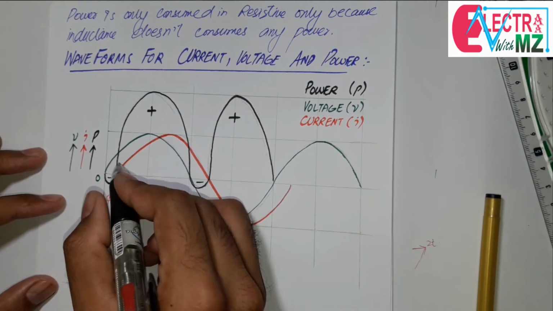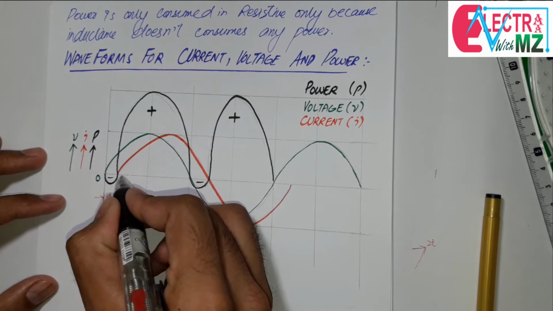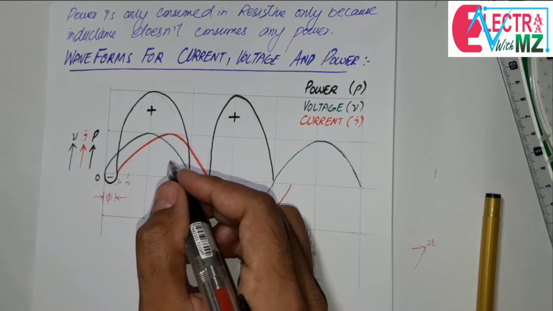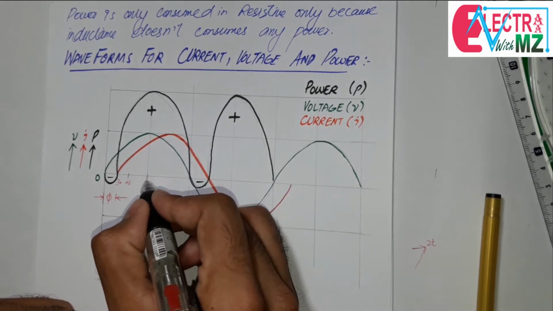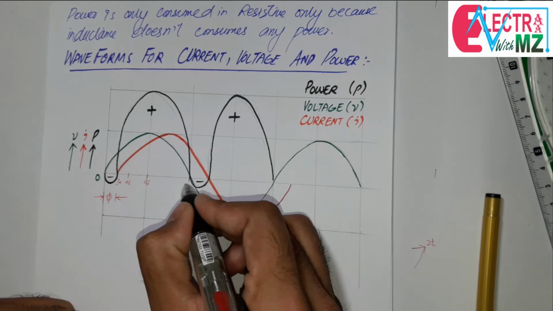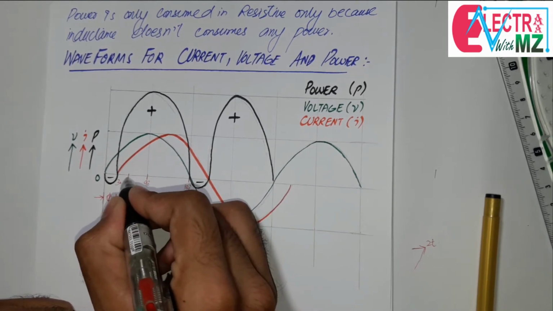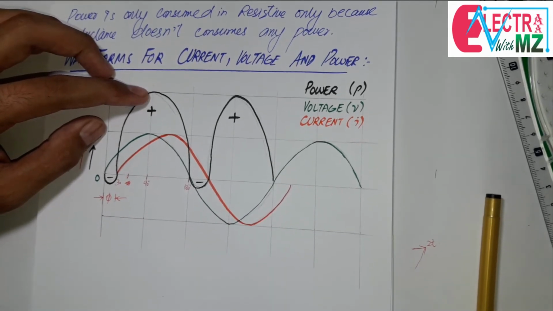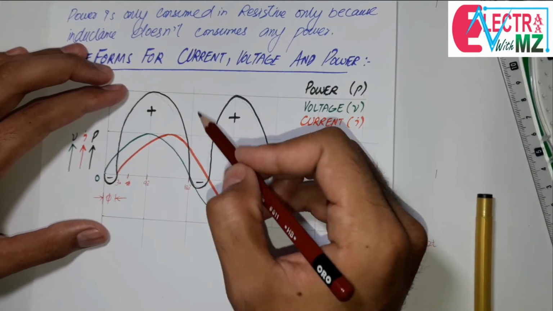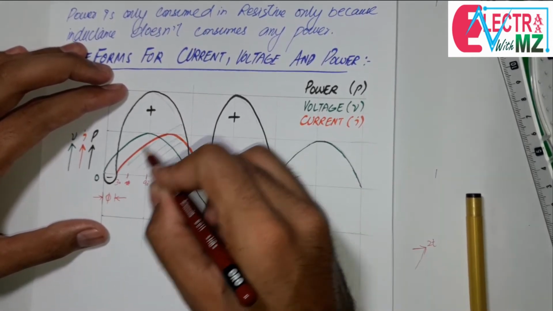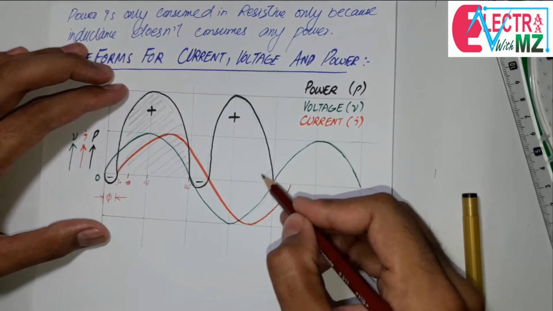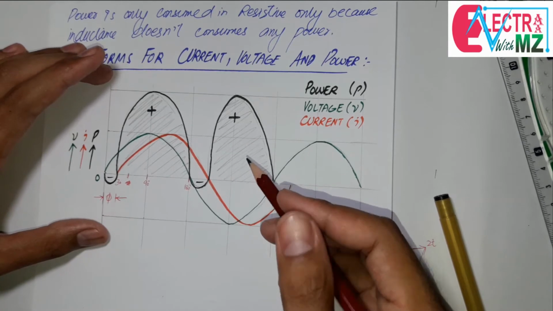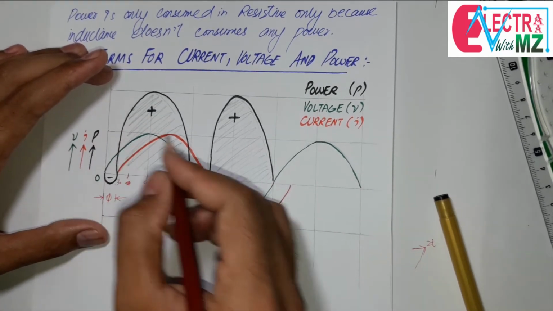So this is 30, 90, 90 degree and 180 degree. Okay, because at 90 we get the peak value, and this is the power. And this is the magnitude of voltage and current.